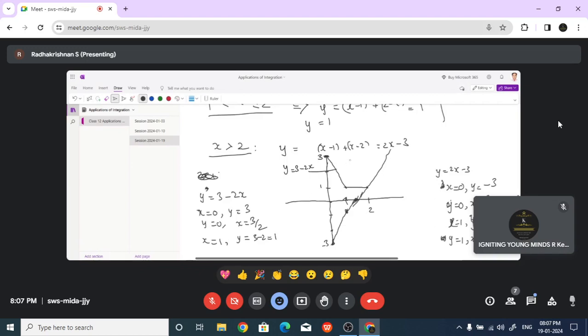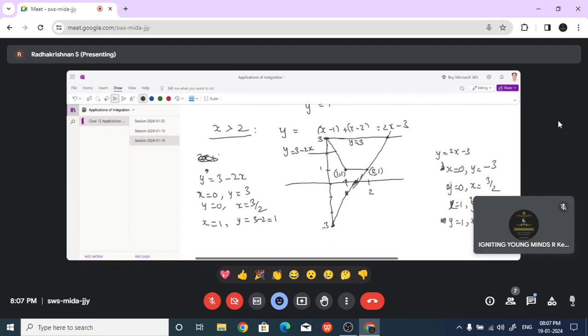Okay. So the other line is this, y equal to 3. The coordinate of this point we have already determined, right? 1, 1. And this point is x equal to 2, y equal to 1. And what is this point?